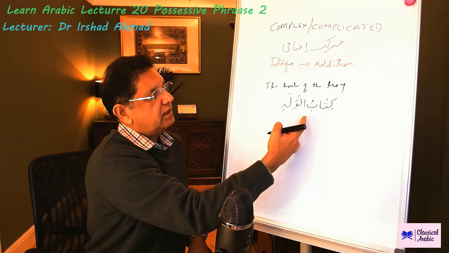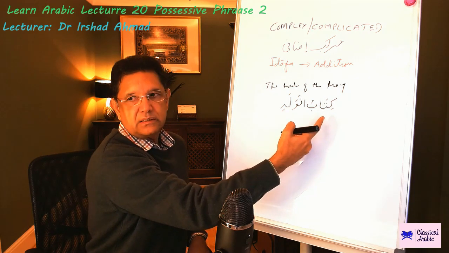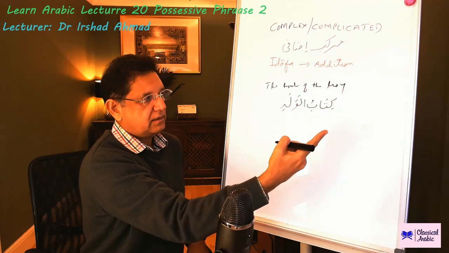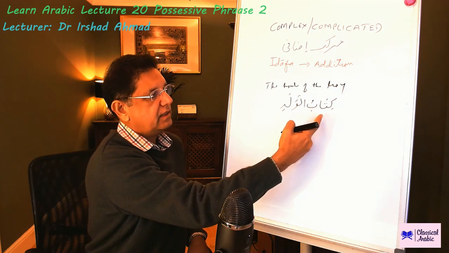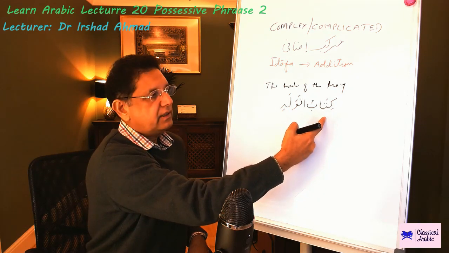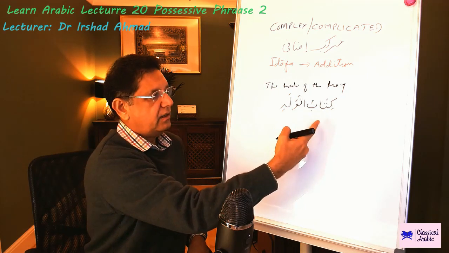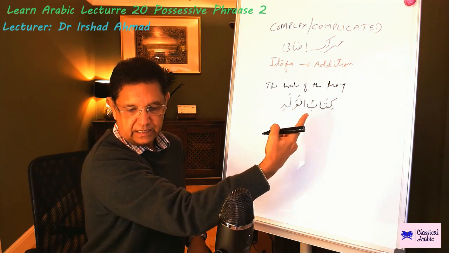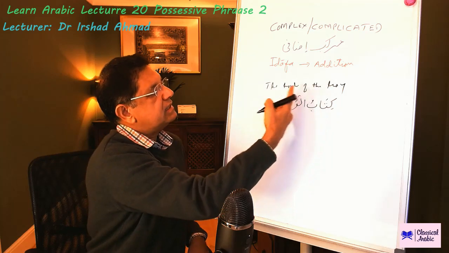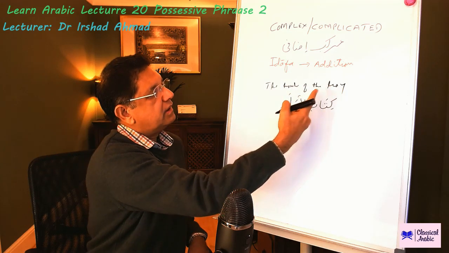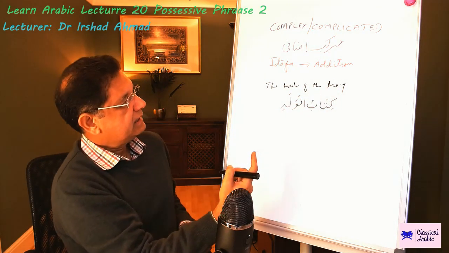You can recognize mudaf from a distance just because it does not take tanween and there is no al on it. So that's the book of the boy, or the boy's book in better English.